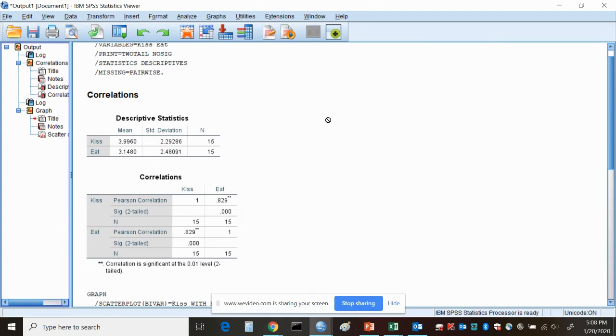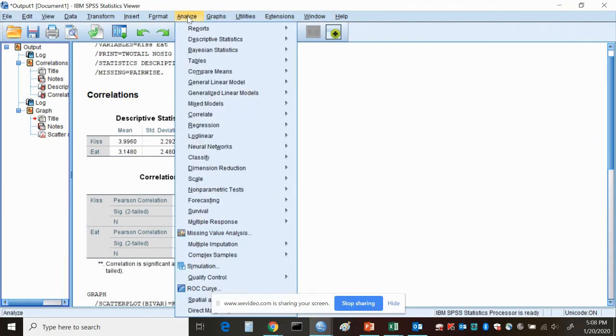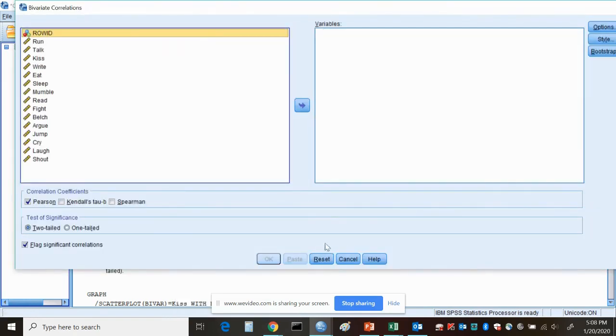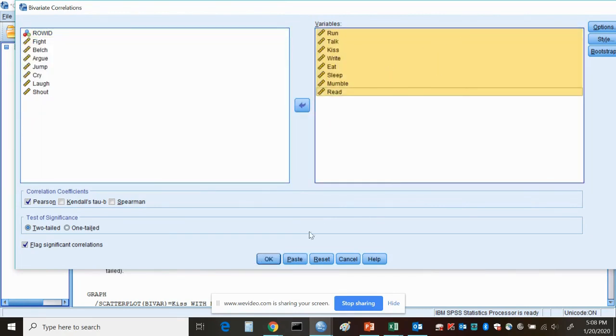A particularly useful element of the correlation is what's called the correlation matrix. So if I go analyze, correlate, let's reset this. There are a lot of variables here, so I'm not going to use them all, but let's go from run to read, move them over.